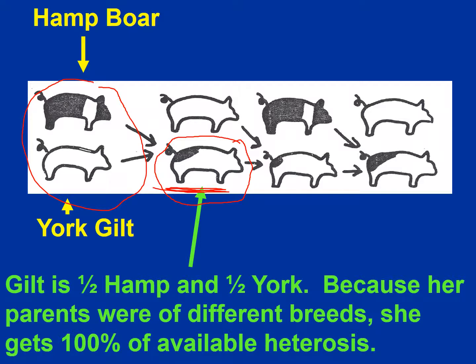And the 2 parents are unrelated, so we're going to get all the available heterosis for the traits in this cross. In the initial crosses, we usually refer to those as F1s. So we got F1 market animals and also F1 gilts for the next generation.